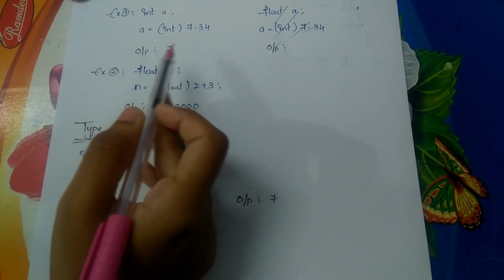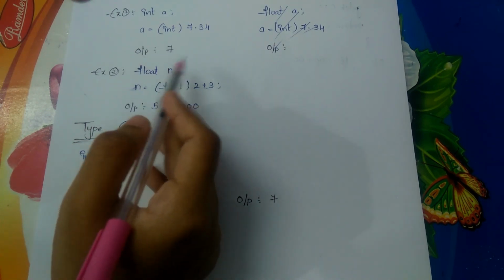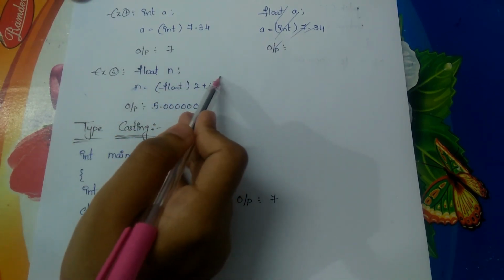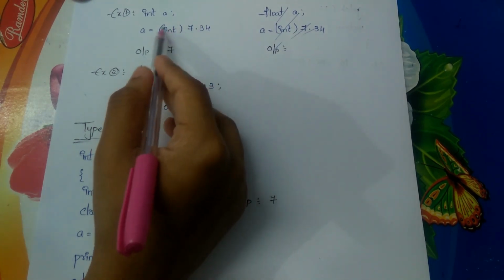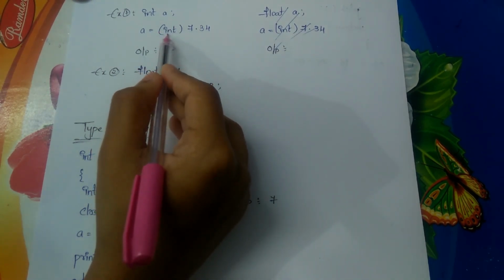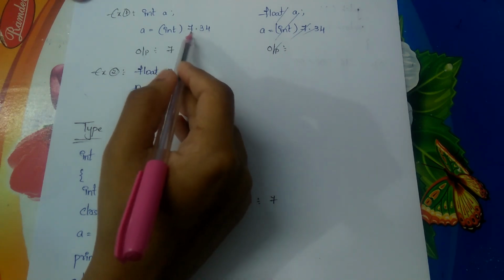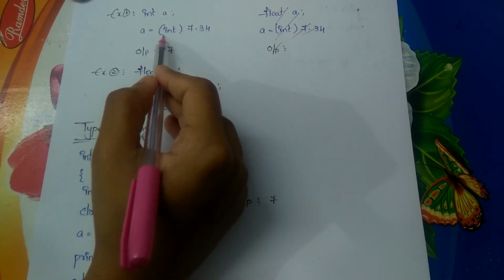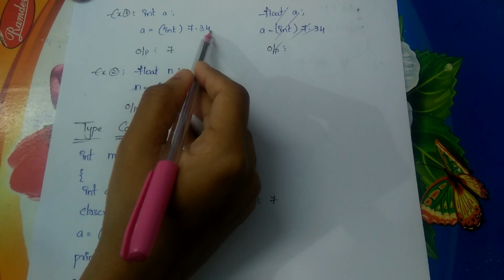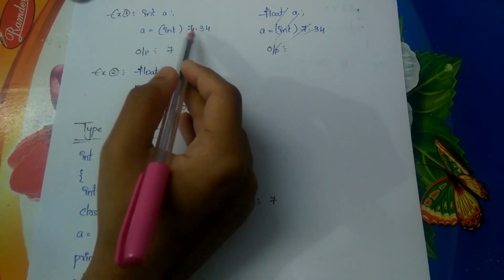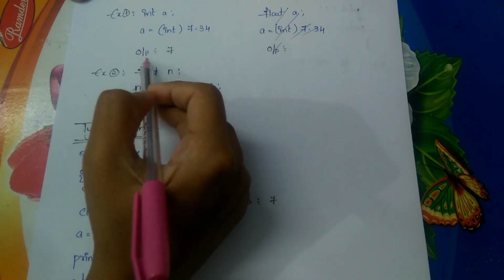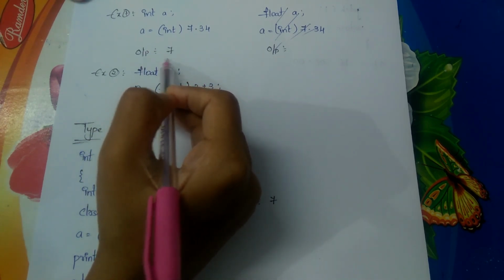This is also a conversion from one data type to another, but here the syntax is different. When I take the data type int, this 7.34 will be converted to the int data type. So this float value 7.34, when converted to integer, becomes 7. So in the output 7 will be printed.